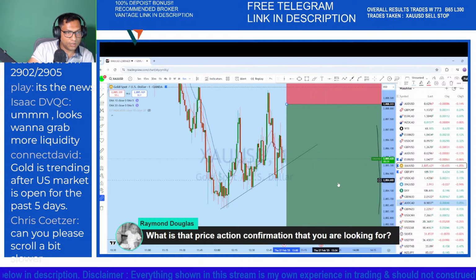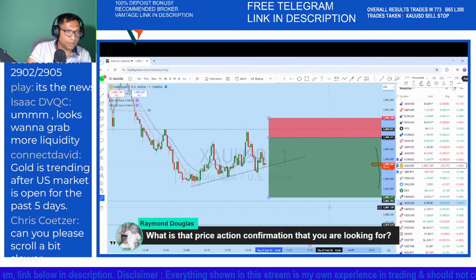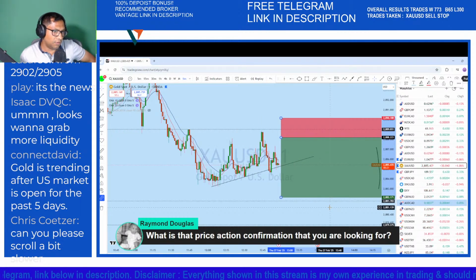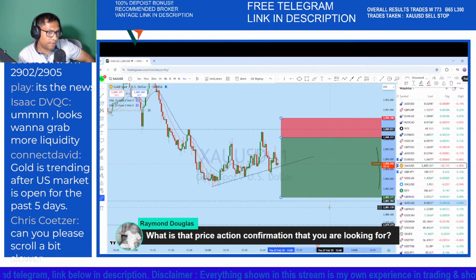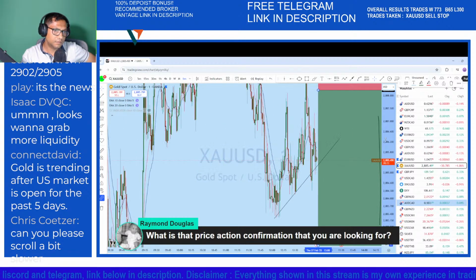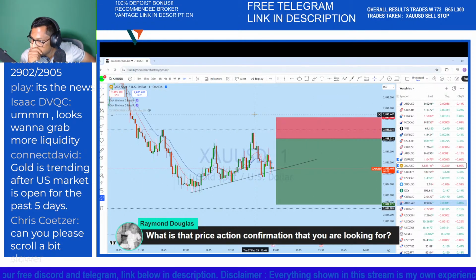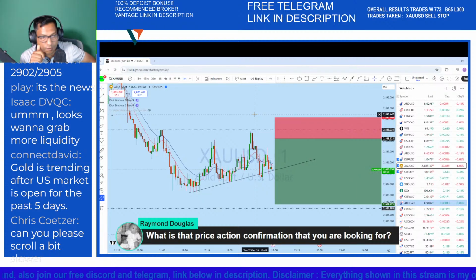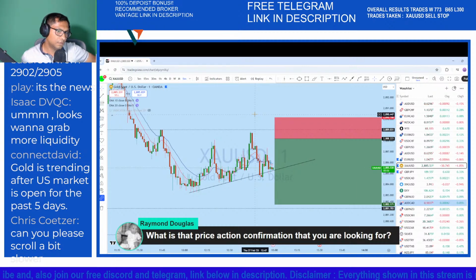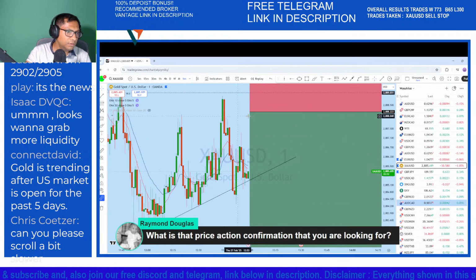Here is the long wick candle, and with this long wick rejection, the market is forming a series of lower highs here. A narrow red candle.